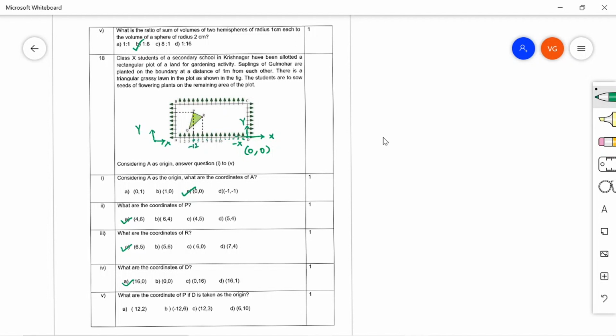So this point will be -12 for P. Anyhow, y coordinate will be same only because this is positive y axis only. We consider that P as 4, 6 earlier. Now it will be -12, 6. So this is option B. So the answer is -12, 6 for this one.